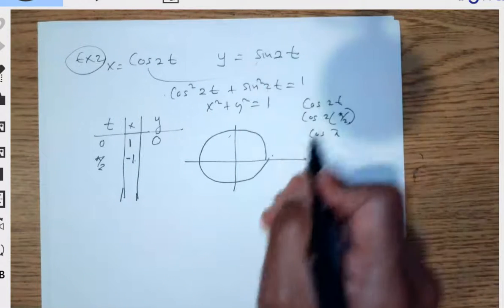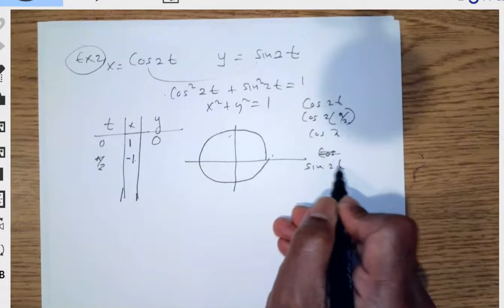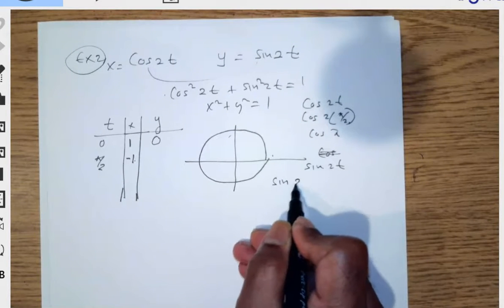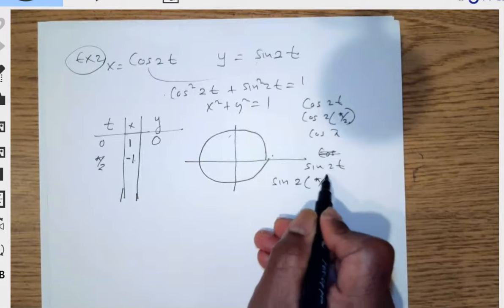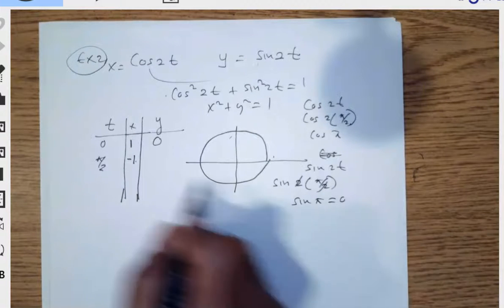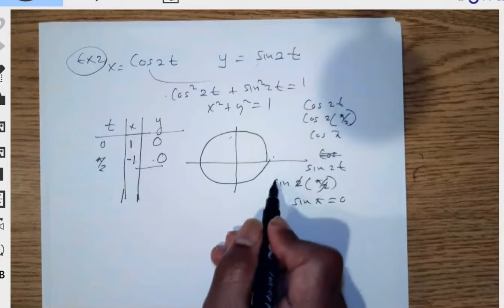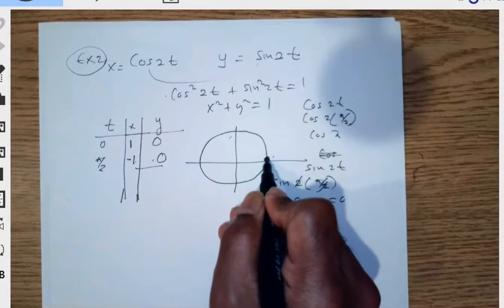If you put sine 2t and put 2 times pi over 2, again you get sine pi, which is 0. So you get -1 and 0. Where is that? And that is here.